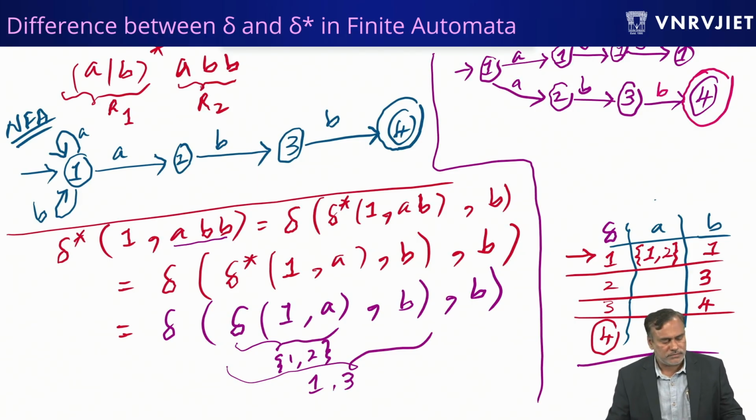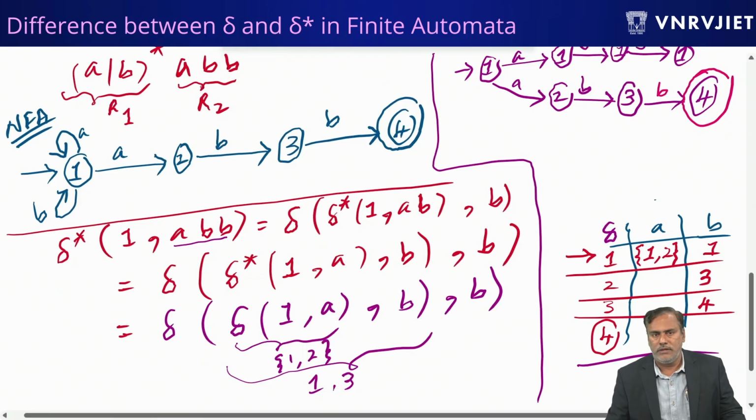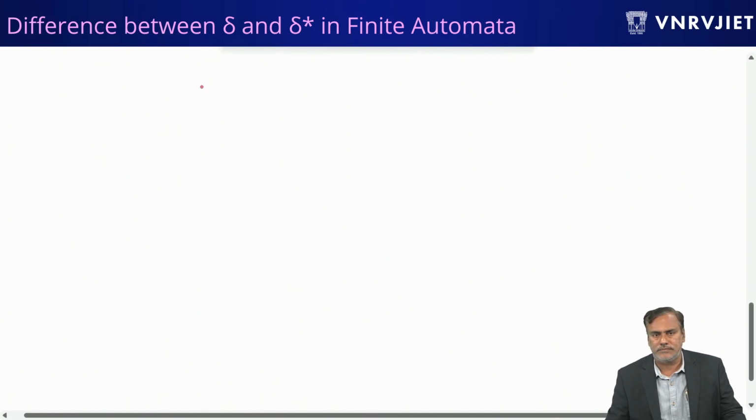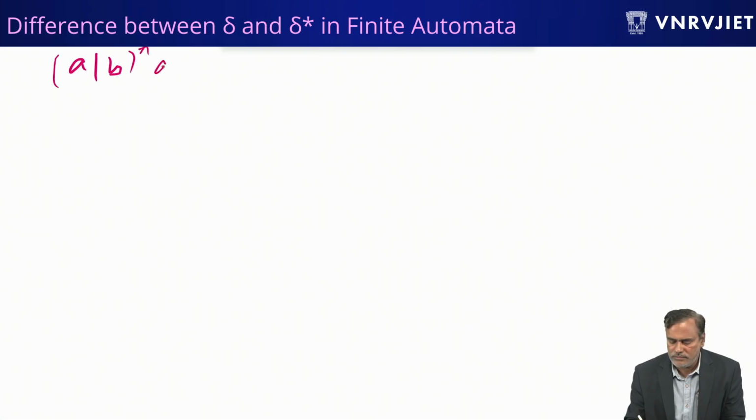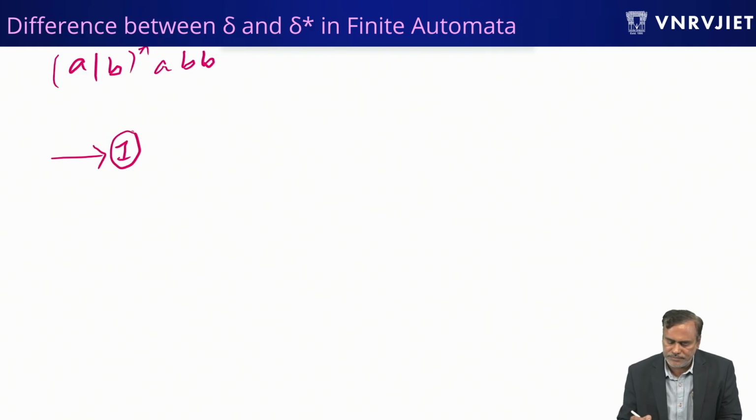Next, moving on. For the same expression, if I am going to take a DFA, what is the expression I have taken? ABB. The DFA for this expression is this. You know how to write it. This is the start state. Let me label this as 1.